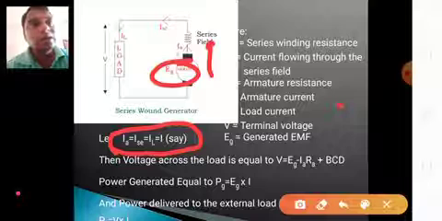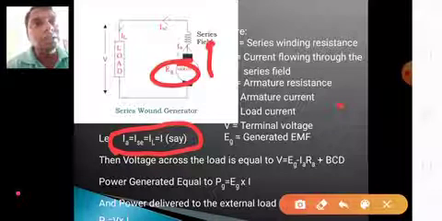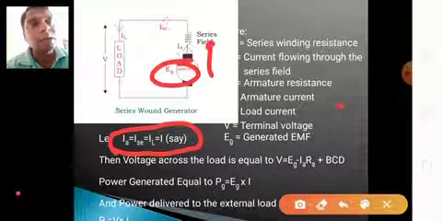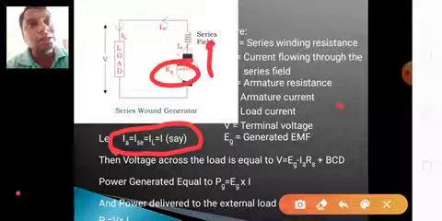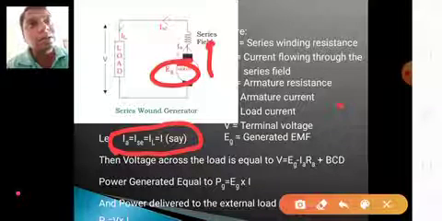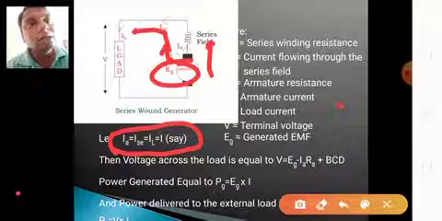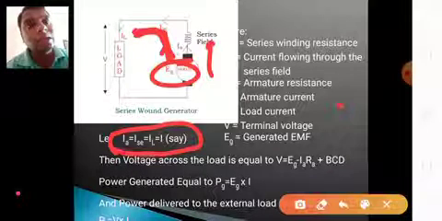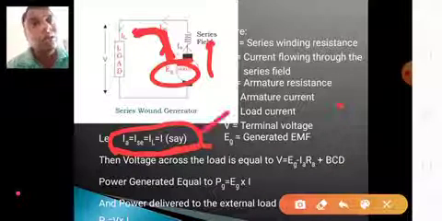Because these are all connected in series, and in series the current is the same.